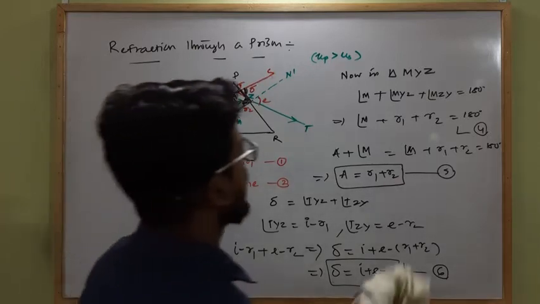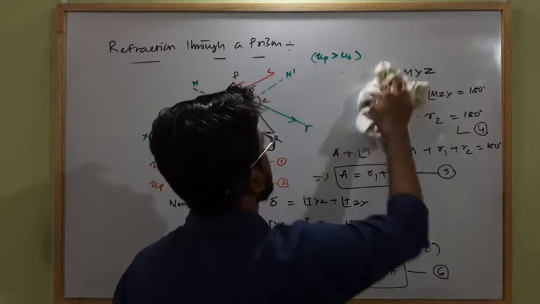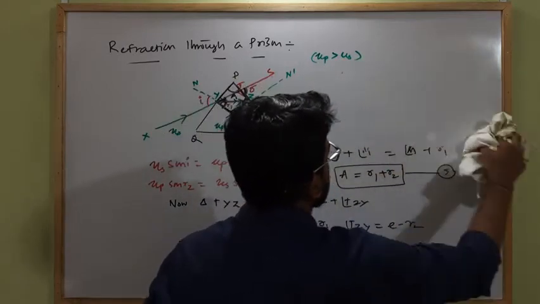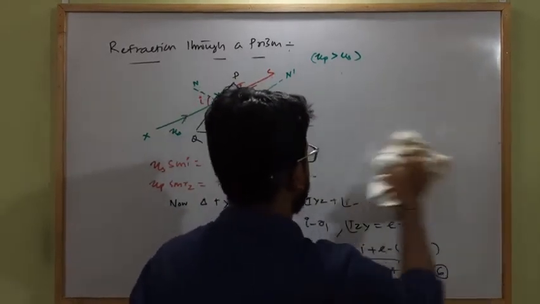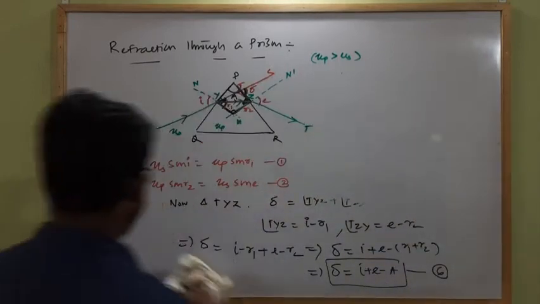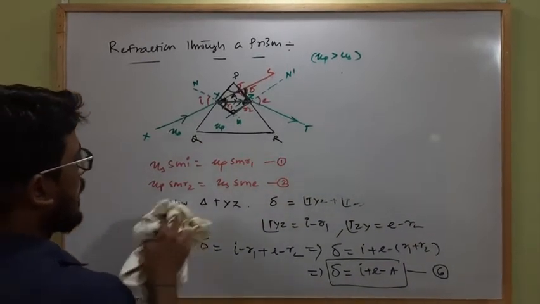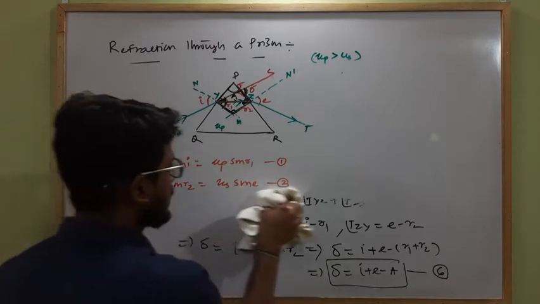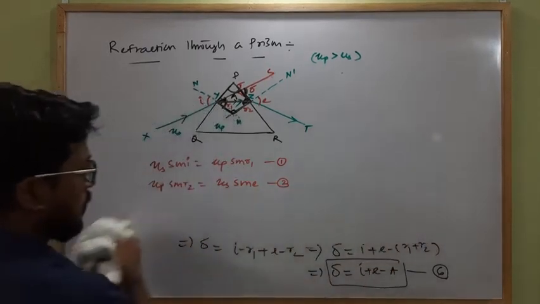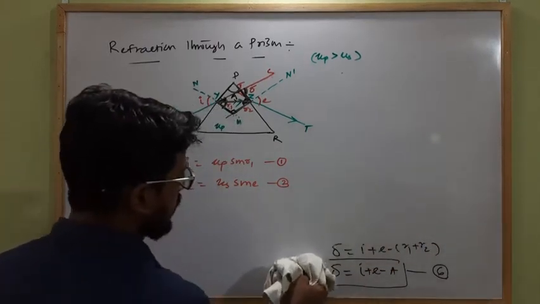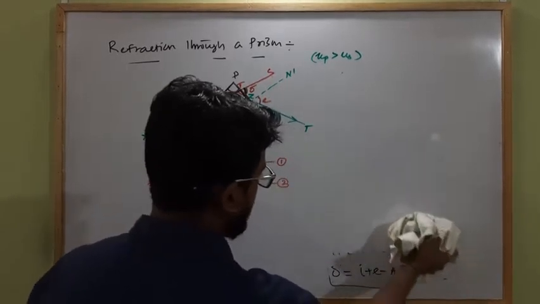Okay, so next, how to find out the value of angle of deviation? You already have the relation from Snell's law for the two refracting surfaces, and this is the relation for angle of deviation.